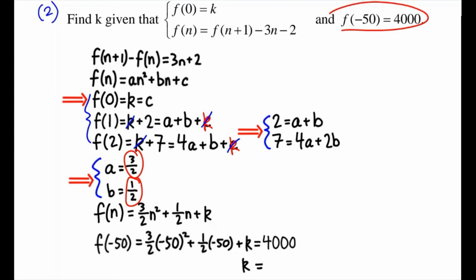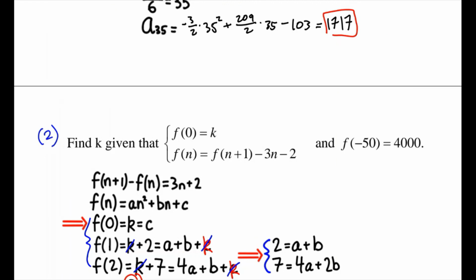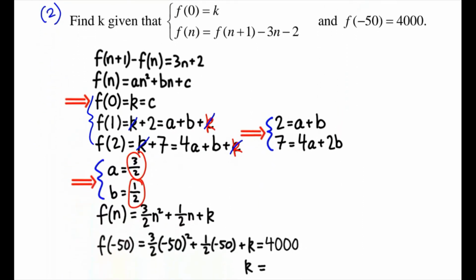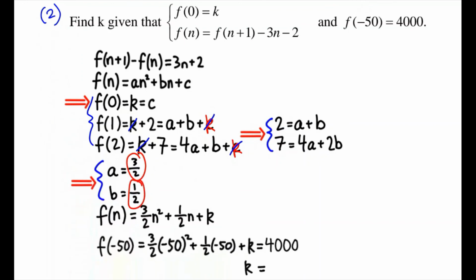This. So let's just put the value of f of minus 50 into this over here. So f of minus 50 is equal to 3 divided by 2 times minus 50 squared plus 1/2 times minus 50 plus k, which is equal to 4,000 because f of minus 50 is equal to 4,000.